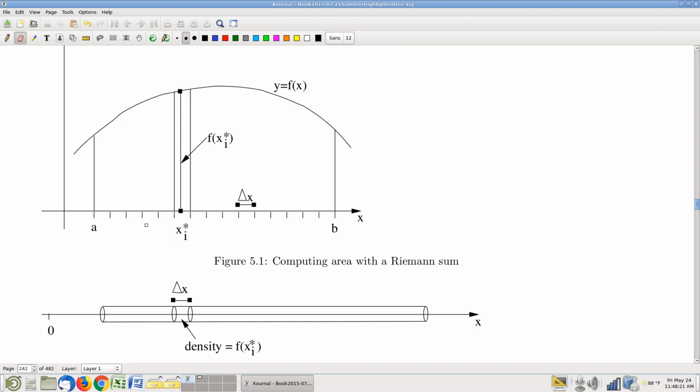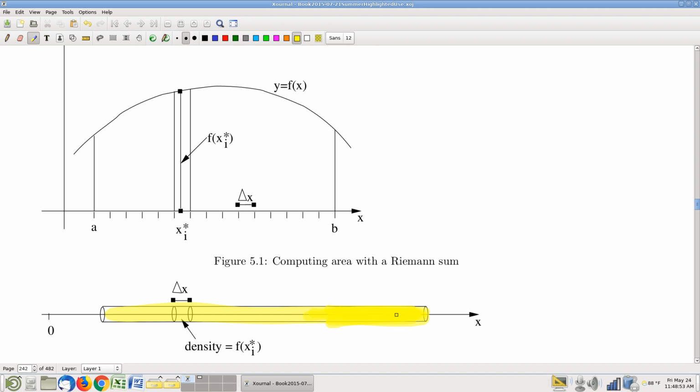Okay. Here's a different application. If I have this rod here of non-constant density, so maybe it's more dense over here and less dense everywhere else, some sort of weird alloy mistake where they poured in too much iron on this side and too much aluminum on this side, how do we compute this total mass?